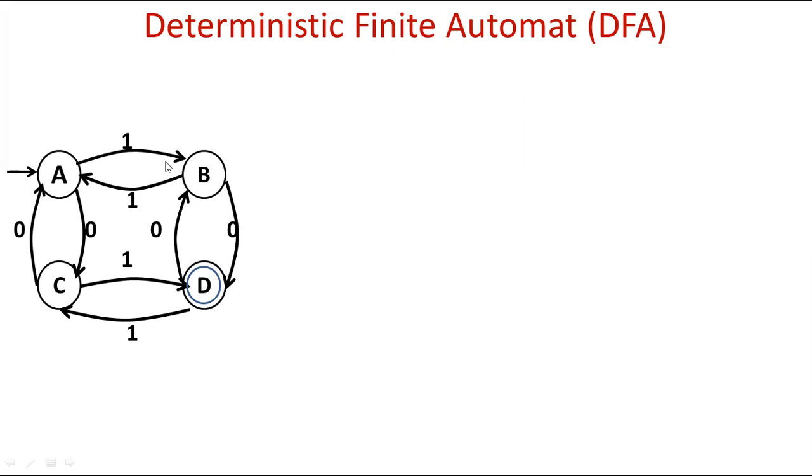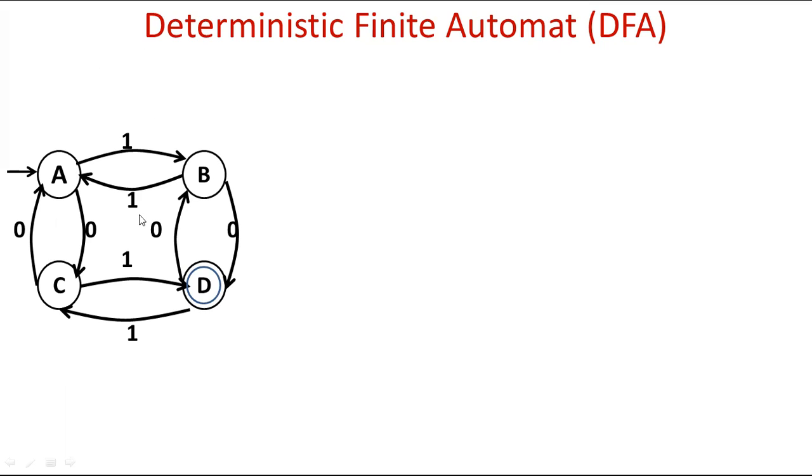So what do these transitions mean? Suppose that we are at state A. This is an edge with a label 1, and the labels of edges are called inputs.